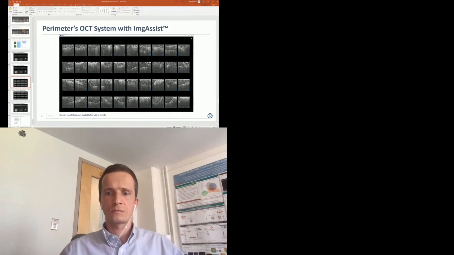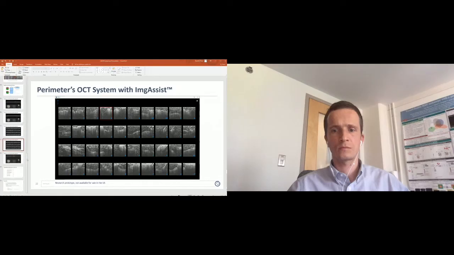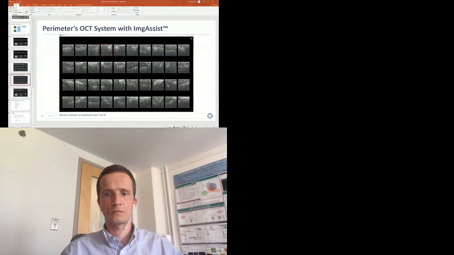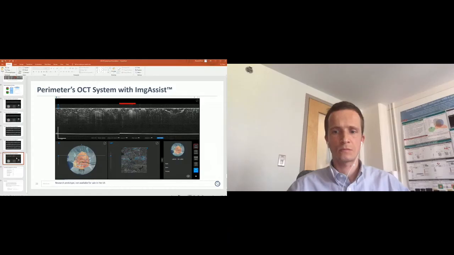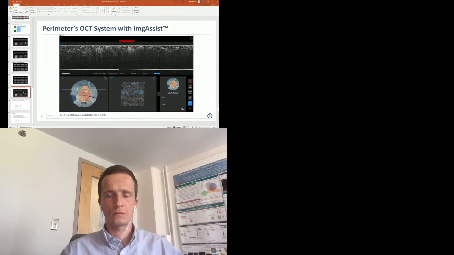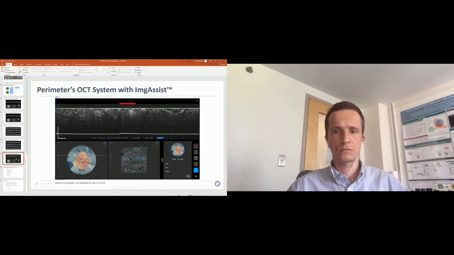Then the user can highlight a patch which appears suspicious and where the user would like to have a closer look. You can go back to the place in the B scan stack and scroll back and forth just to confirm that it's indeed a suspicious area.